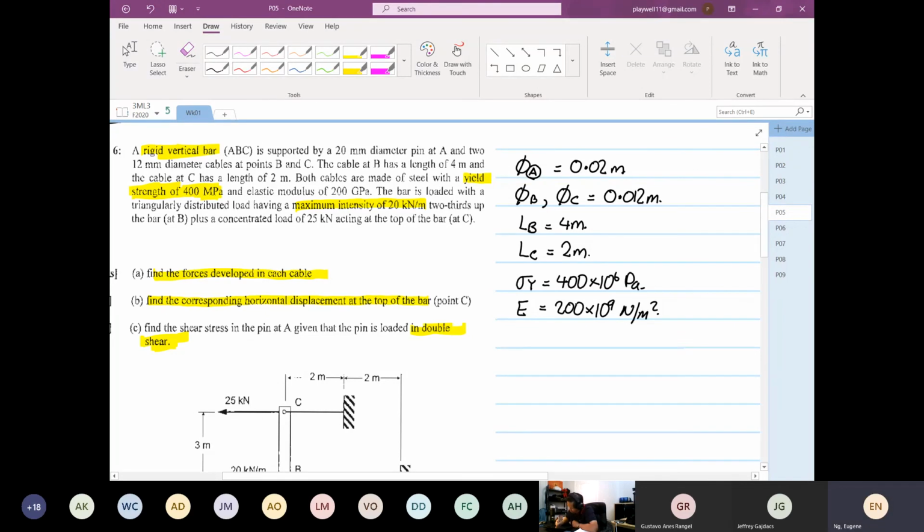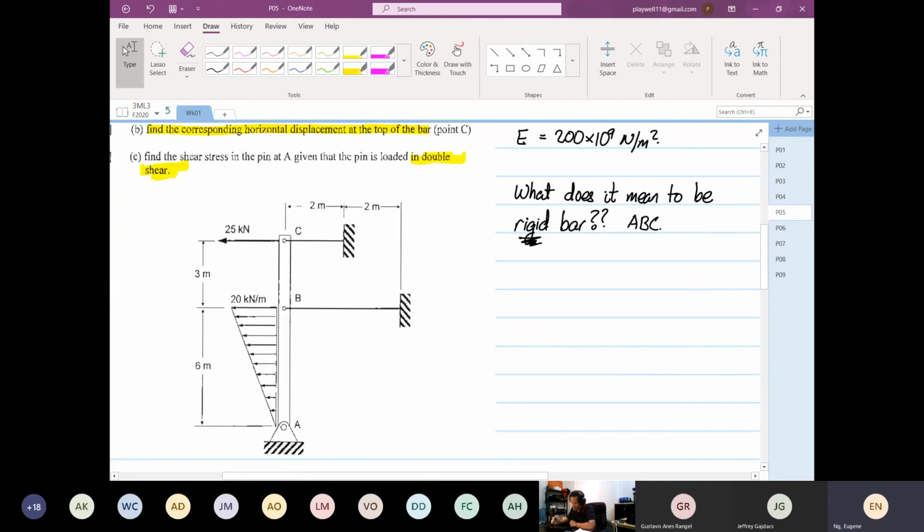But the first thing I want to highlight is, what do they mean? Can someone explain to me what we mean by a rigid bar? They say ABC is a rigid bar.